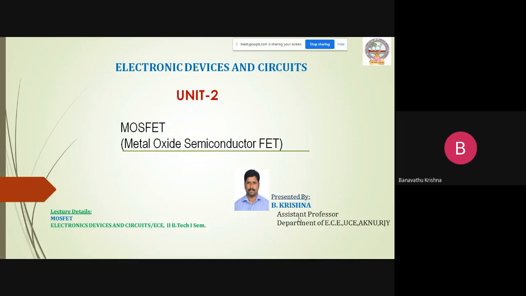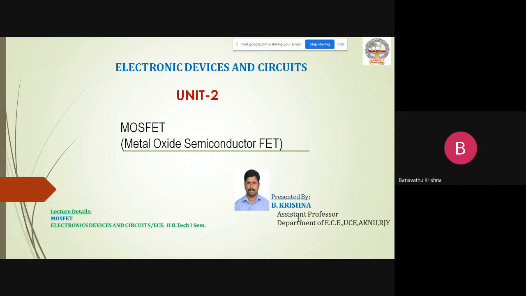What are the types and what is the construction procedure for MOSFET, the operation of MOSFET, characteristics and transfer characteristics, advantages and applications.